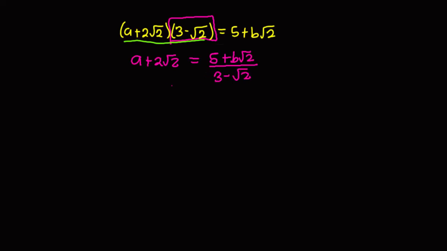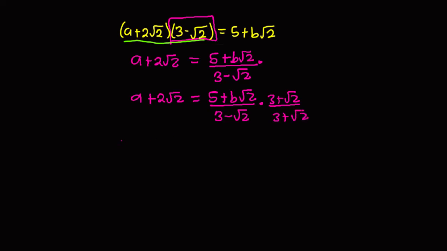So what I'm going to do here is that I have my a plus 2 root 2 is equal to, now I'm going to multiply the numerator and the denominator of this with the conjugate of the denominator. So this is going to give me 5 plus b root 2 divided by 3 minus root 2 times 3 plus root 2, all divided by 3 plus root 2.